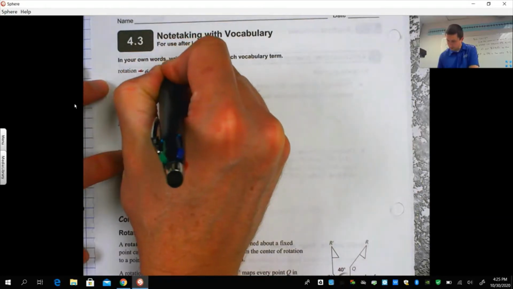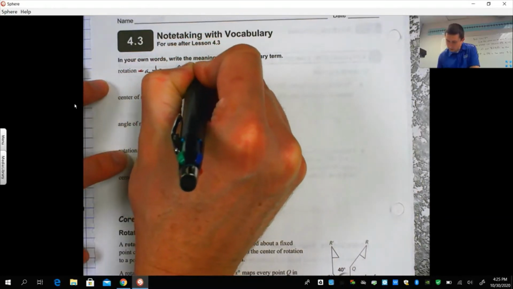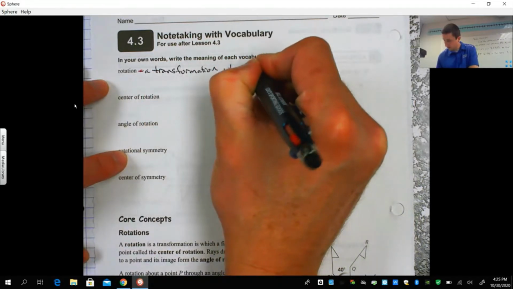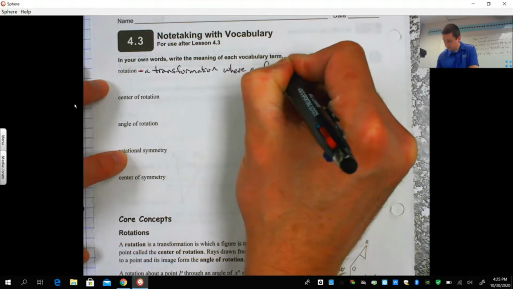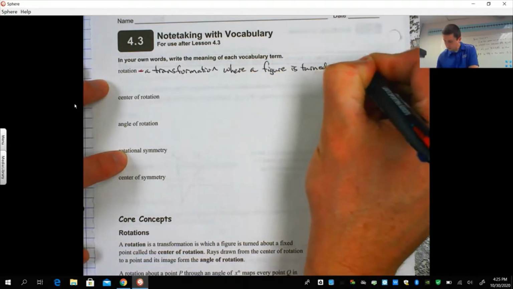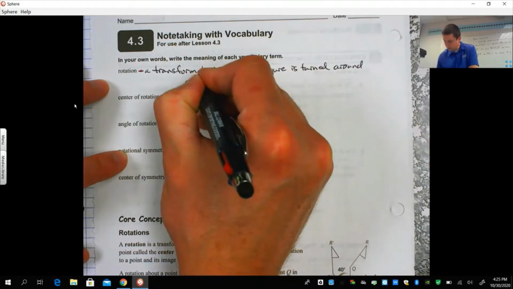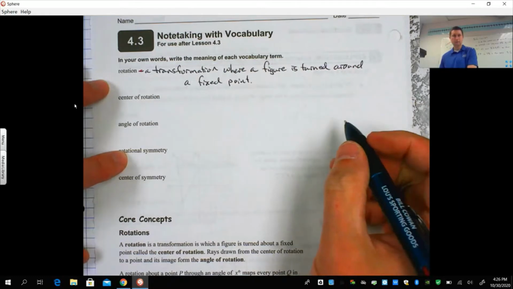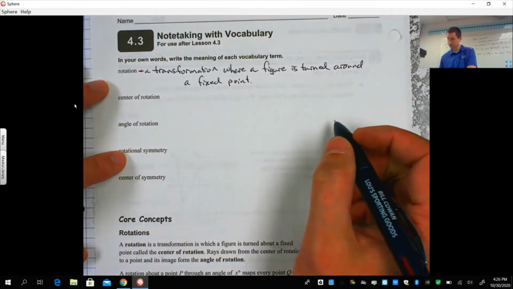Rotation is going to be a transformation where a figure is turned around a fixed point.